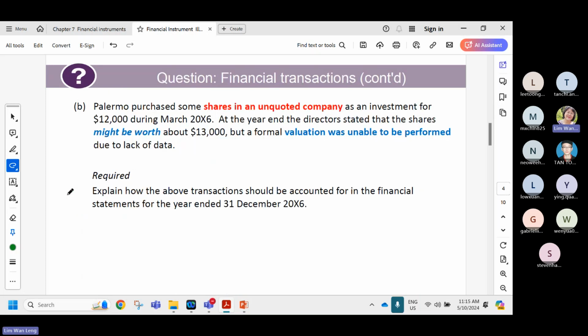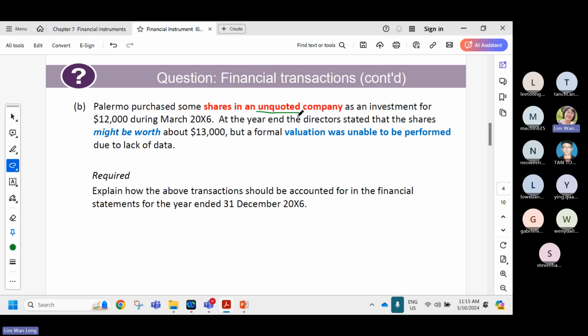Second one. Palermo purchased some shares in an unquoted company. So what's the meaning of unquoted company? Unquoted company means that the shares of the company are not listed. Okay, the company is not listed in the bursa, let's say in the context of Malaysia. So that means it could be a Sendirian Berhad, it could be just a partnership or something like that.